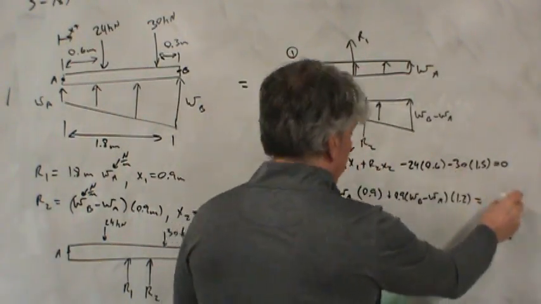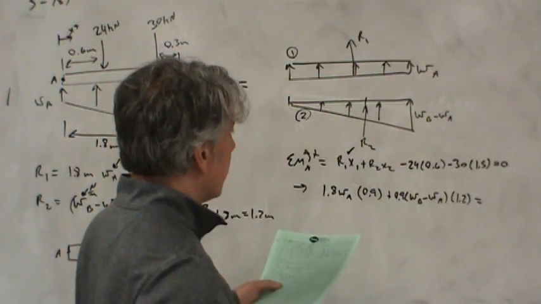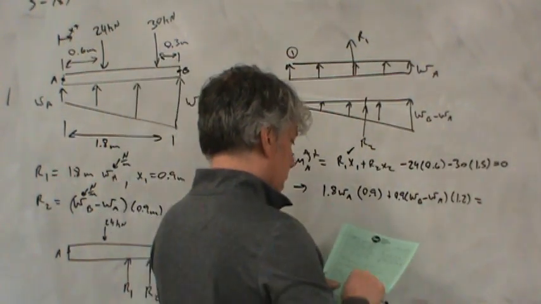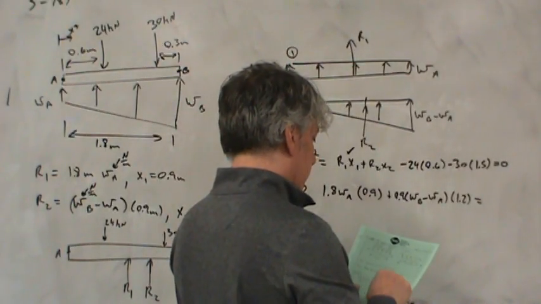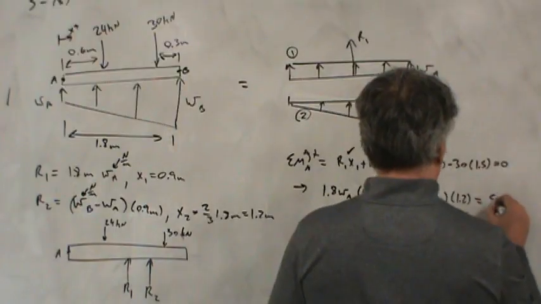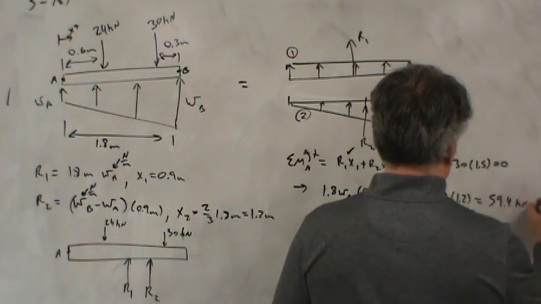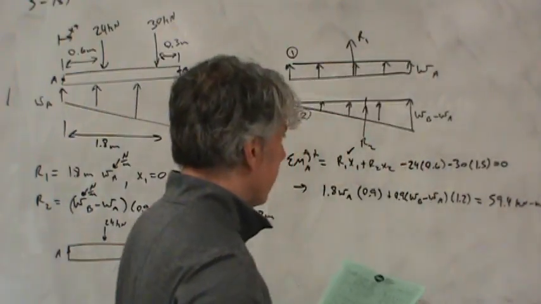Now, if I put all of these numbers on the other side and just add them together, you get 59.4. Just to note that the units are kilonewton meters.